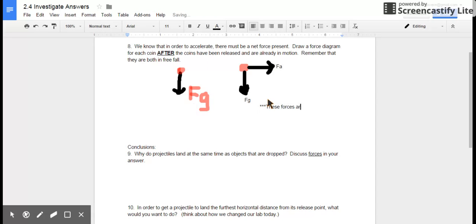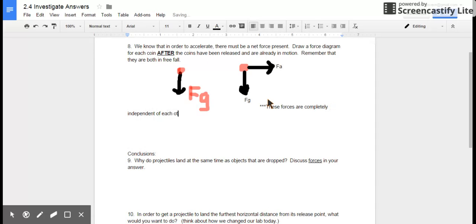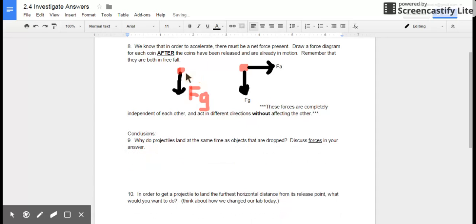These forces are completely independent of each other and act in different directions without, and that's really important, affecting the other. Okay, now that we have that done, we know that they're both in free fall because they both have the force of gravity acting on them. We're going to move on to why these two won't affect the other in just a minute.